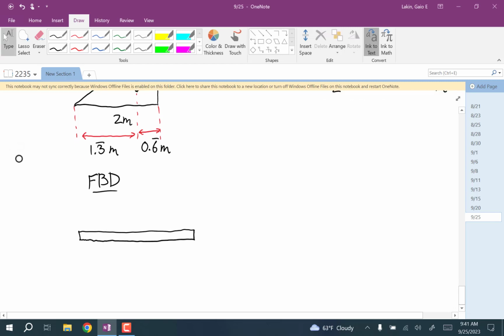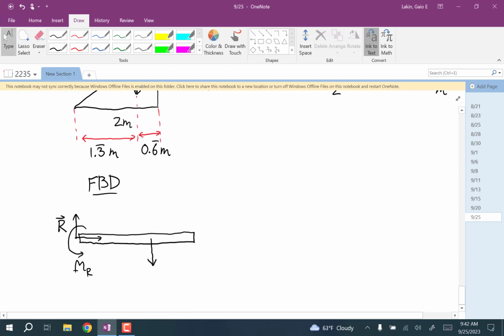This is a fixed joint, so we have this reaction force R, and then I'll call this couple MR, like reaction moment. And then 2/3 of the way along this length, we have the equipollent point force with a magnitude of 10,000 newtons.